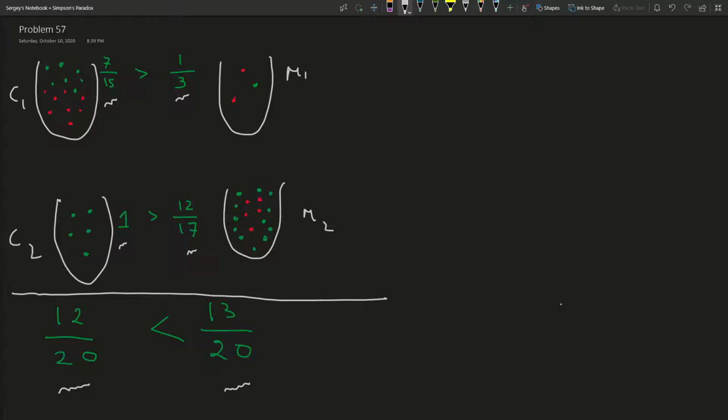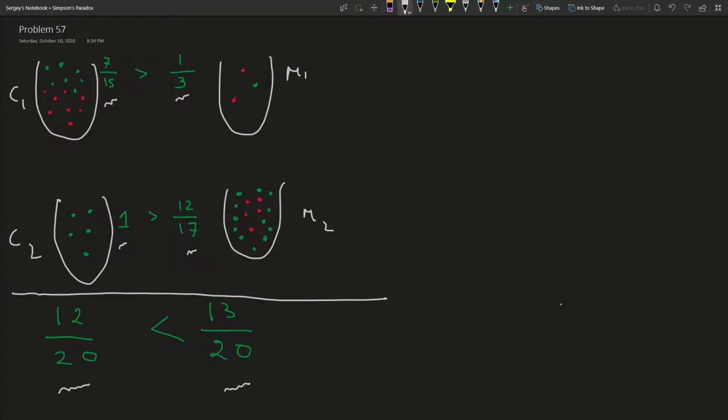So the aggregate C jar has a smaller proportion of green gummy bears compared to the aggregate M jar, even though the individual C jars had a larger proportion of green gummy bears compared to the individual M jars. So this is exactly an example of Simpson's paradox.